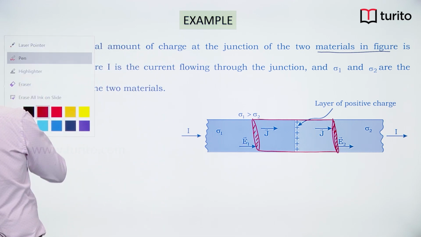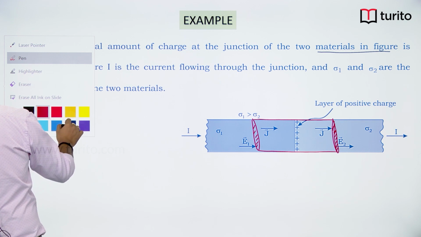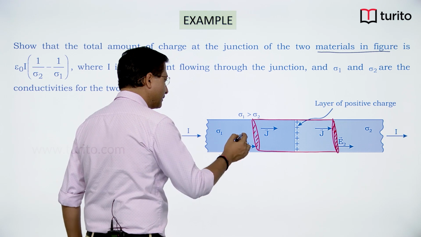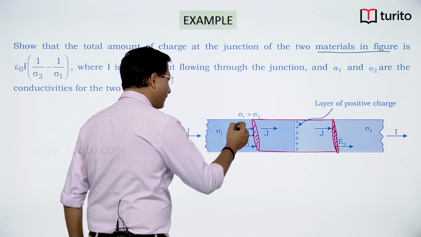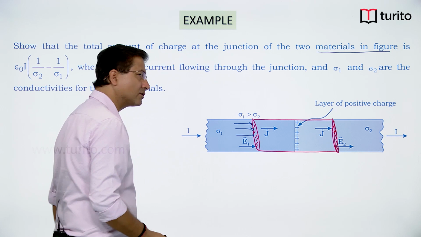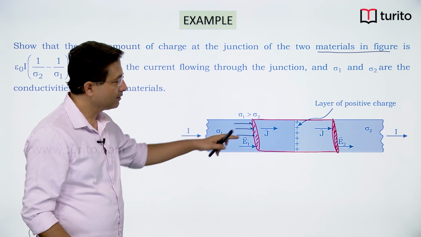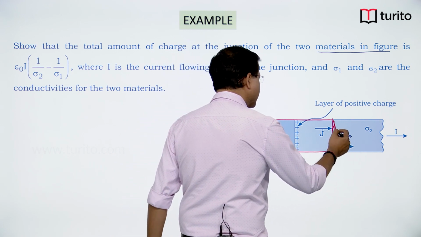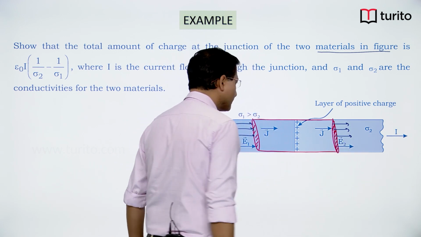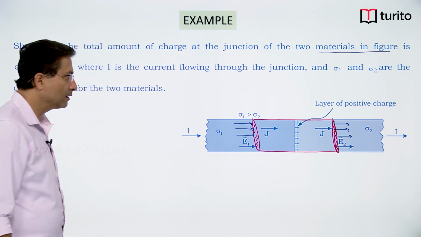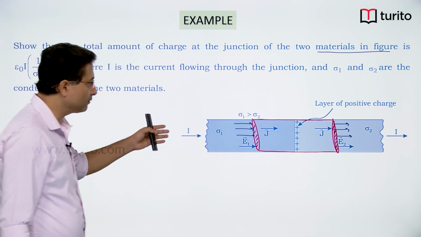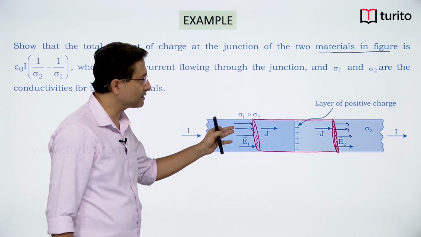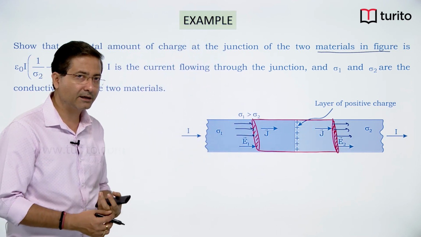As you can see, if I assume field E1, flux is entering this Gaussian surface at this face, and here flux is leaving the face. The current is the same, whatever goes in comes out, divided by area, so the current density in the first material and the second material will both be the same.